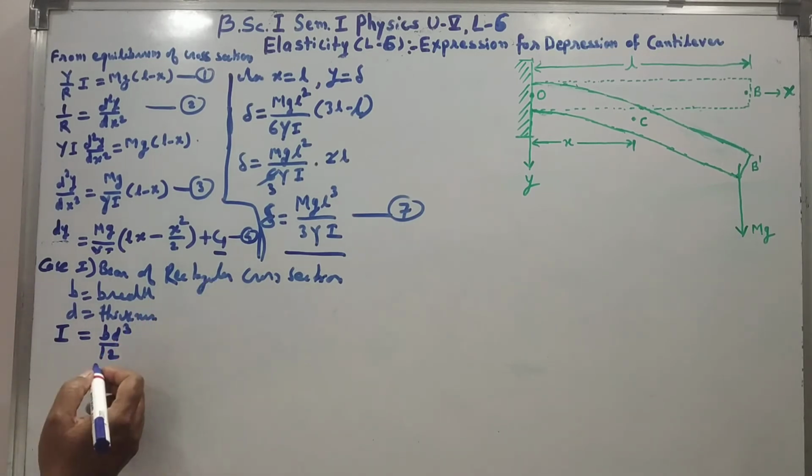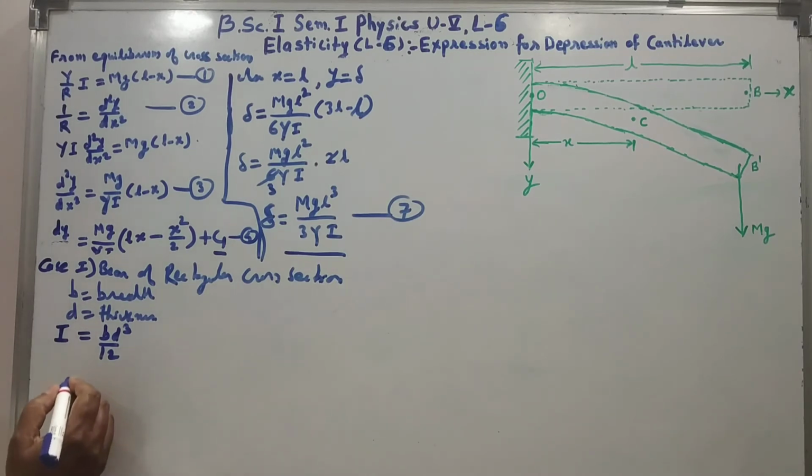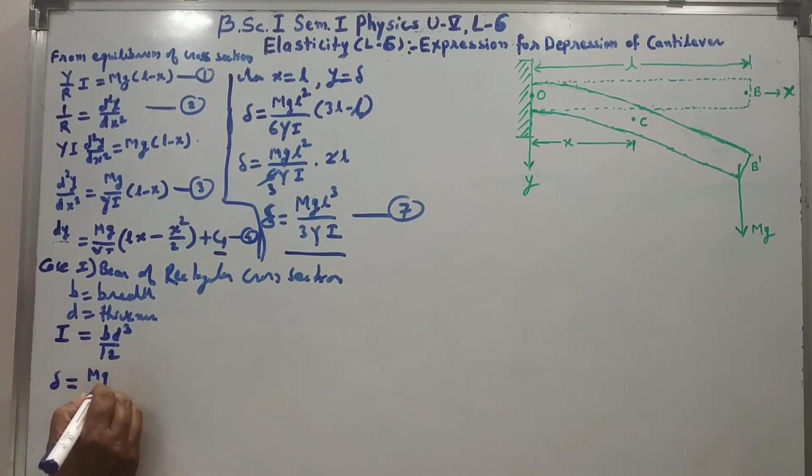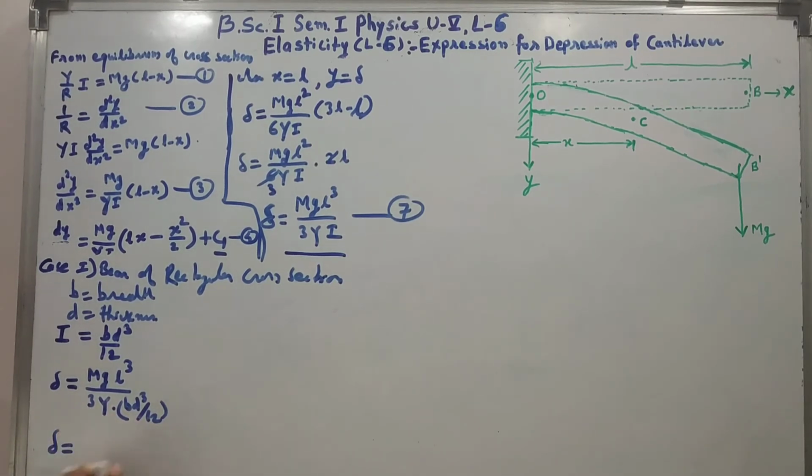If we put this value of I in equation 7 to obtain the depression delta of the beam of rectangular cross section, we get delta equal to mg L cube divided by 3Y into BD cube by 12, or delta equal to 12 mg L cube upon 3Y BD cube.